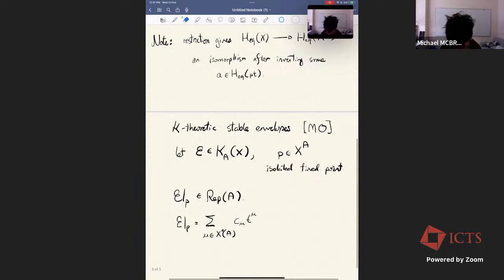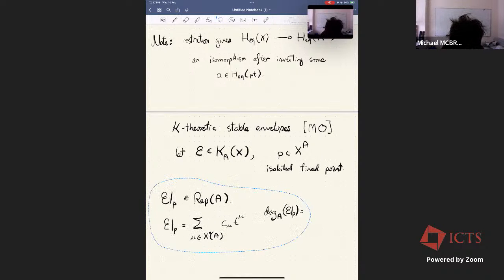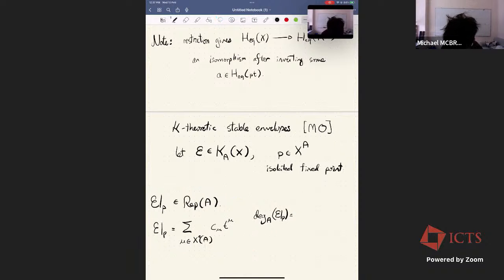And we're going to define the degree in A of this restriction to be equal to the convex hull of the mu that appear here. So convex hull where?